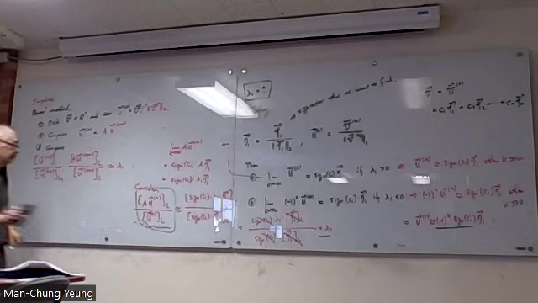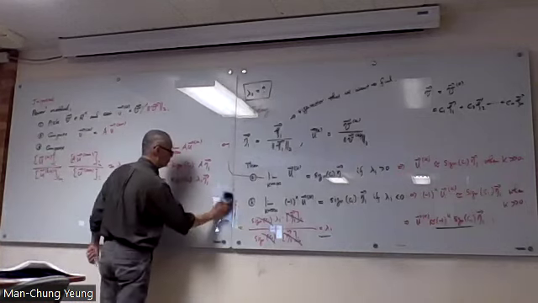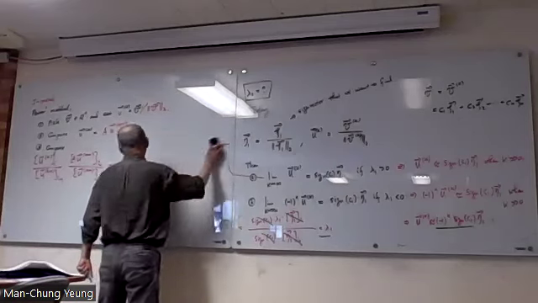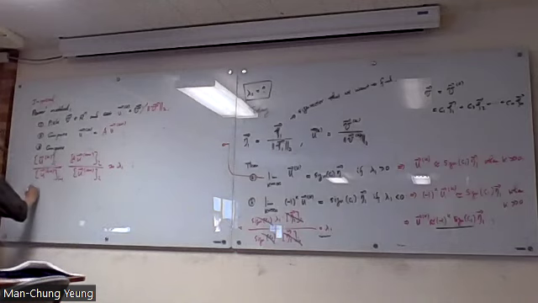All right, now let me erase. Now step 4: normalize this u k.